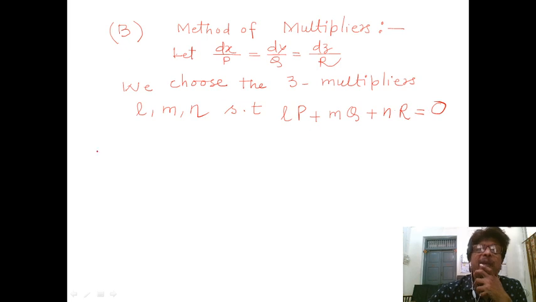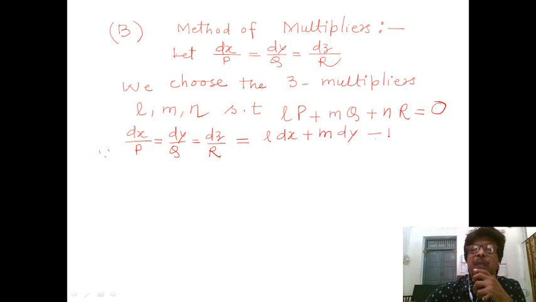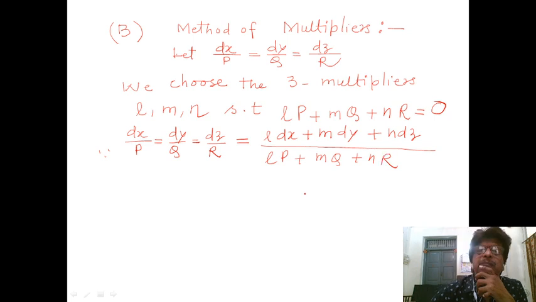Just because, since dx upon P equal to dy upon Q equal to dz upon capital R, these are in proportion with L dx plus M dy plus N dz upon LP plus MQ plus NR. This is by theory of ratio and proportion.